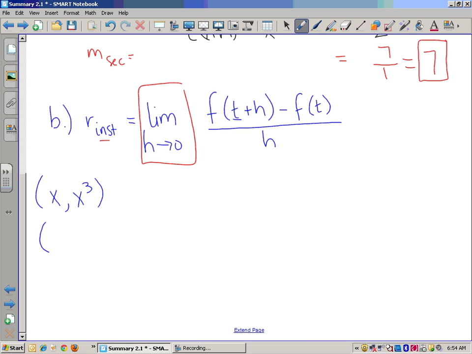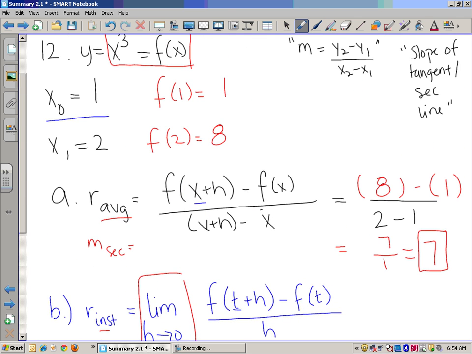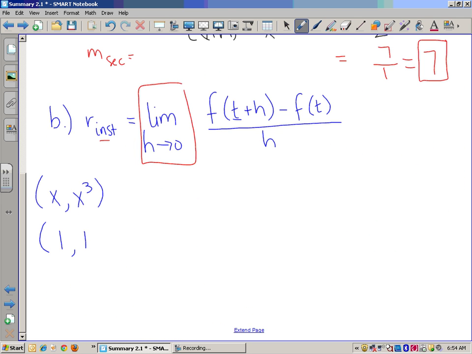And the second dot, according to this, it says find the instantaneous rate of change of y at x naught. Well, x naught was given as 1. So that would be 1 comma 1. So I want to take the limit as h goes to 0 of x cubed. I don't know how far away it is, but I know it's at x cubed, whatever it is.